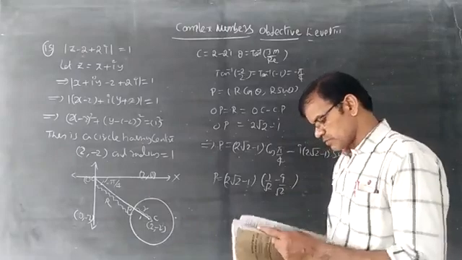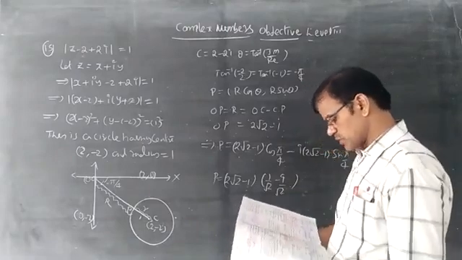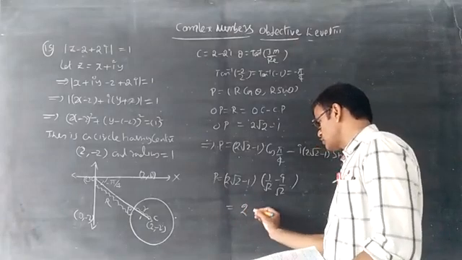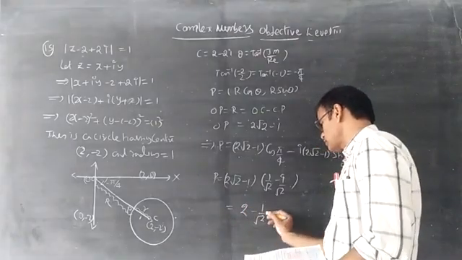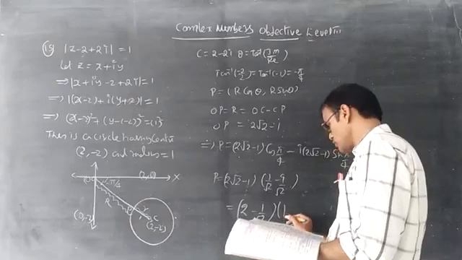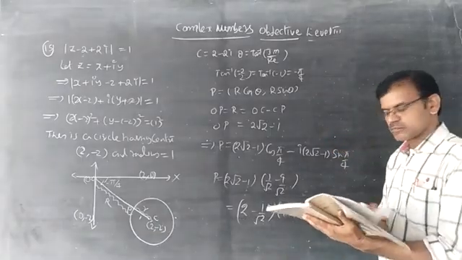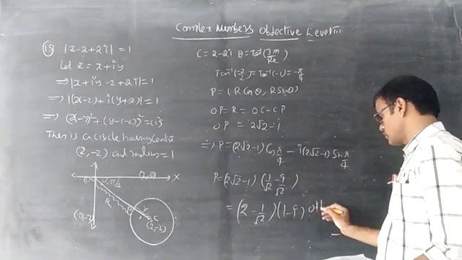Now see the options. According to the options, multiply by root 2: 2 minus 1 by root 2 into 1 minus i. It is the first option, option 1.